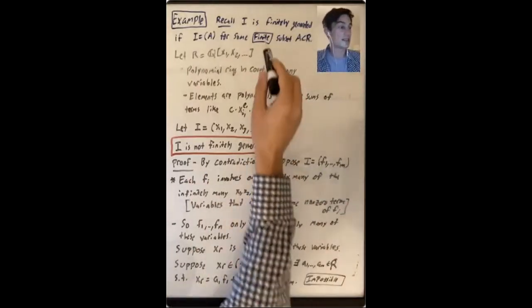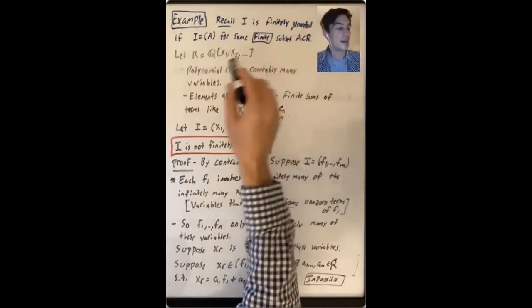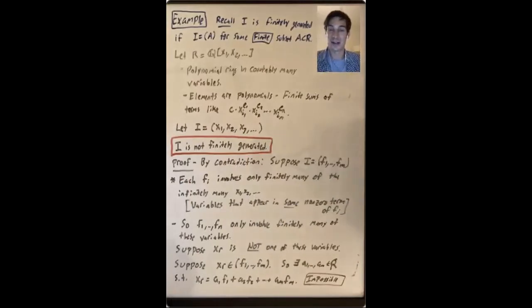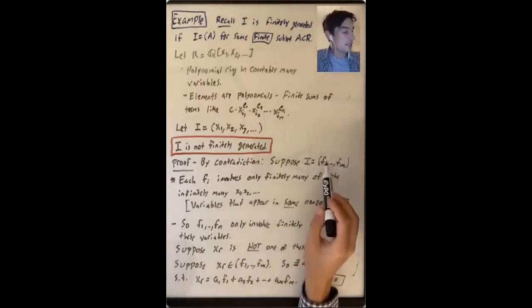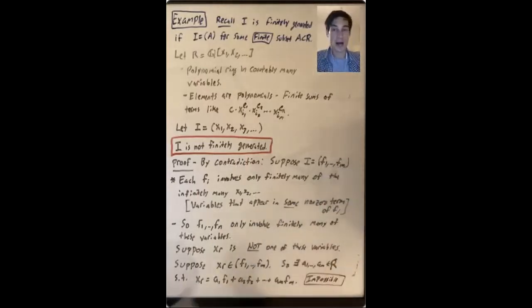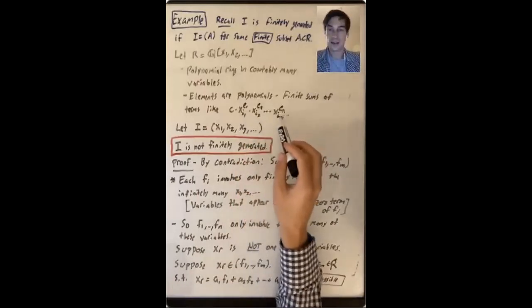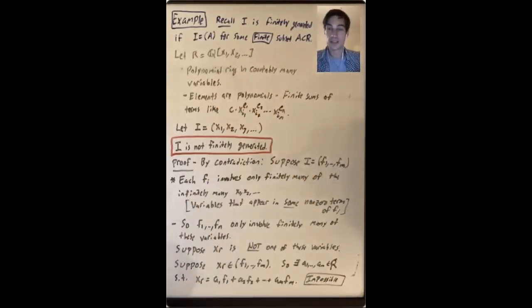So that there is some finite subset A of this ring for which I is the ideal generated by those elements. And the key thing in this argument is that each of these fi's is a polynomial, meaning it only has finitely many non-zero terms. And every one of those terms only involves finitely many of these infinitely many variables.